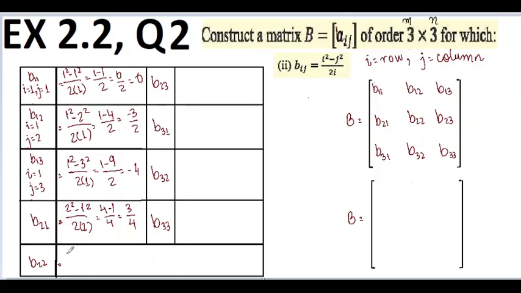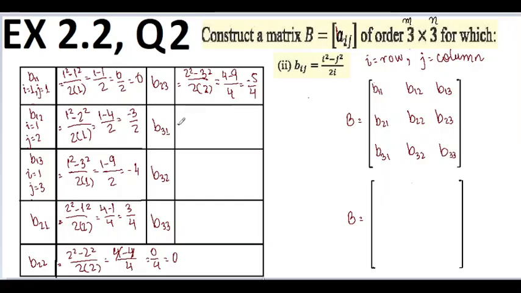Now we get (2 square minus 2 square) whole divided by 2 into 2, 4 minus 4 whole divided by 4, so we get 0 by 4, which is equal to 0. B23 equals (2 square minus 3 square) whole divided by 2 into 2, so we get 2 square is 4 minus 9 whole divided by 2 into 2 gives us 4, so we get minus 5 by 4.